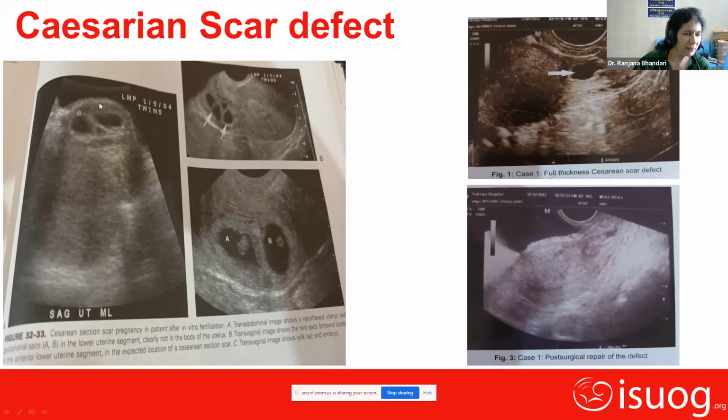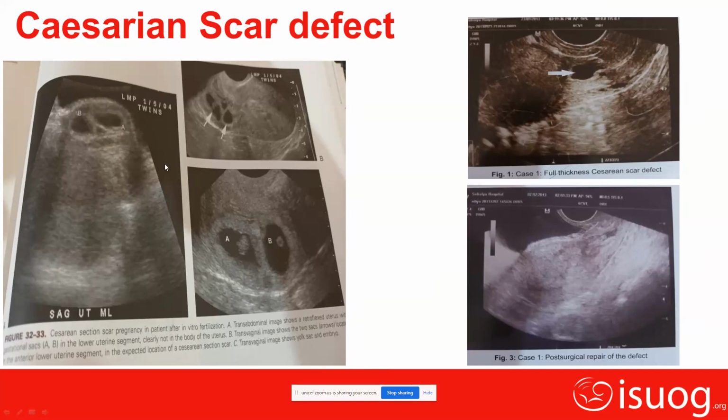The myometrium just between the posterior part of urinary bladder and the gestation sac is very, very thin, that is 2 to 3 millimeter. And when we put color Doppler, there is a lot of vascular supply, just a ring of fire around the ectopic gestation.